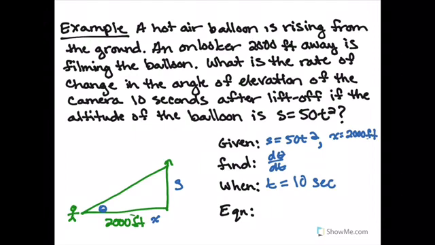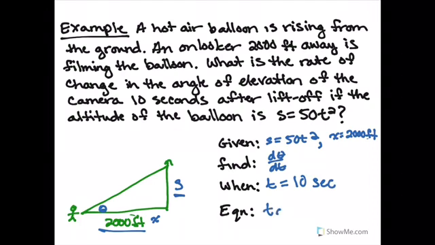Now, our equation is not the Pythagorean theorem because it has to involve theta. Tangent, right? We know the opposite is s. We know the adjacent is 2,000. That's a trig function that goes with tangent.